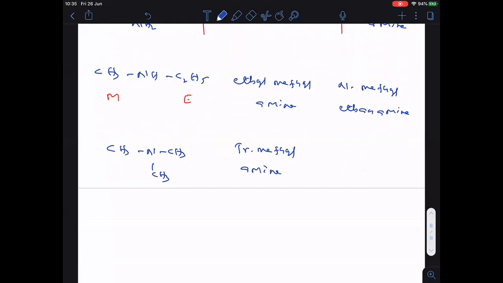The IUPAC name is N,N-dimethylmethanamine.